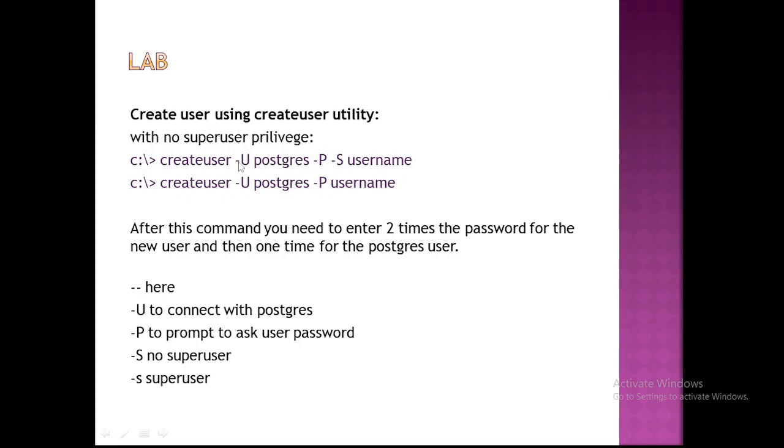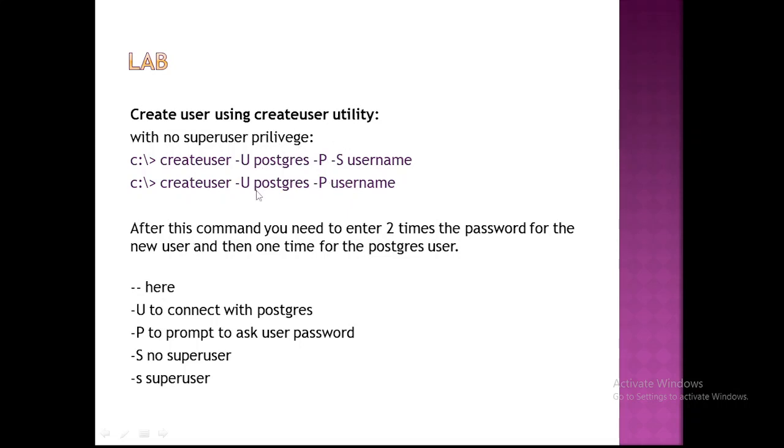Here are the commands for using the createuser utility. With no superuser privilege we can use: createuser -U postgres -P -S username. After this you need to enter the password twice for the newly created role, and then once for postgres, as we are using postgres.